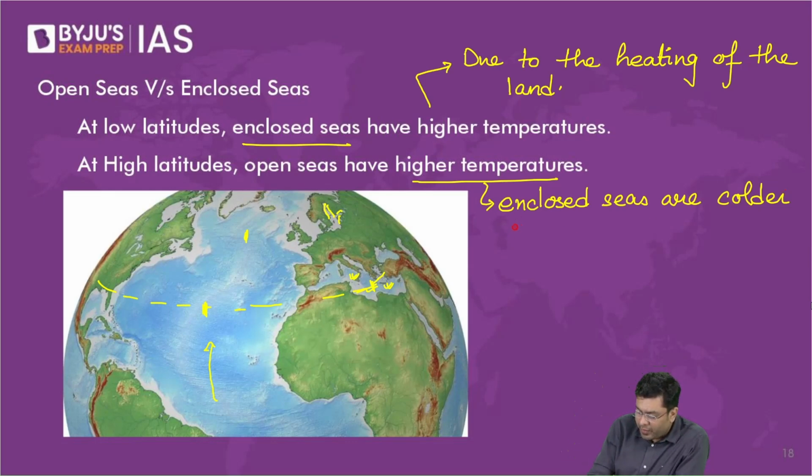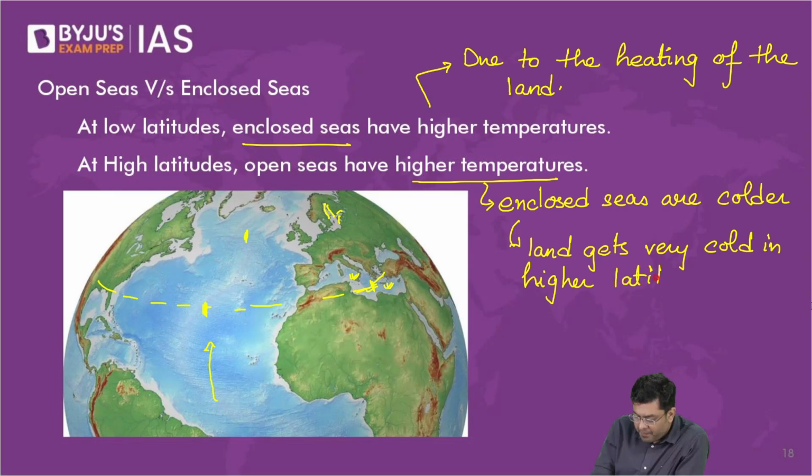Enclosed seas are colder. Enclosed seas means those which are surrounded almost on all sides, or very closely, by land masses. Open seas means they are open and there is a larger ocean that we are talking about. So enclosed seas are colder. Why?